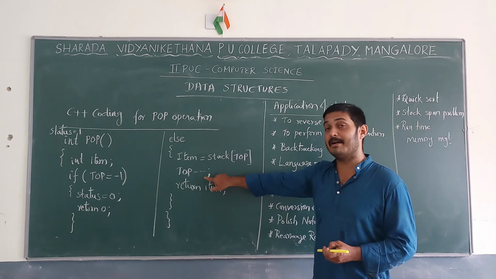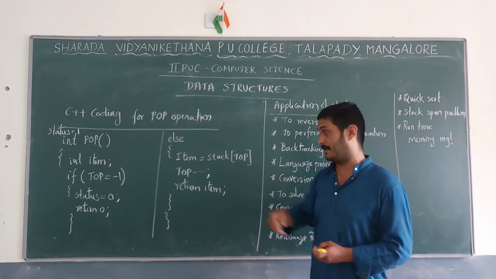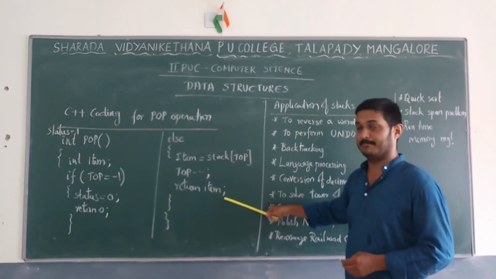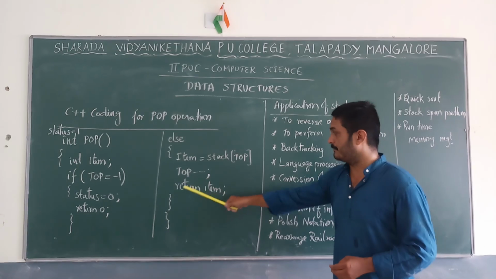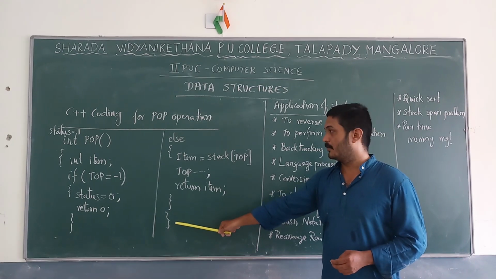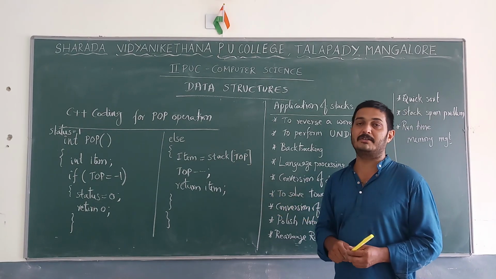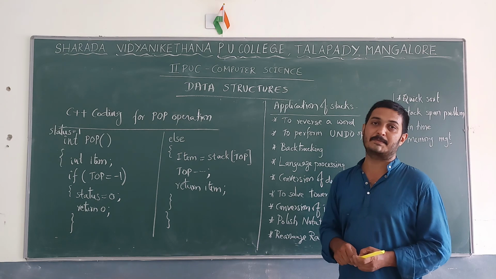So automatically the present element is deleted. So return item, and next you have to close the parenthesis and then close the whole function, right? Okay, this is how to perform the pop operation using C++ coding.